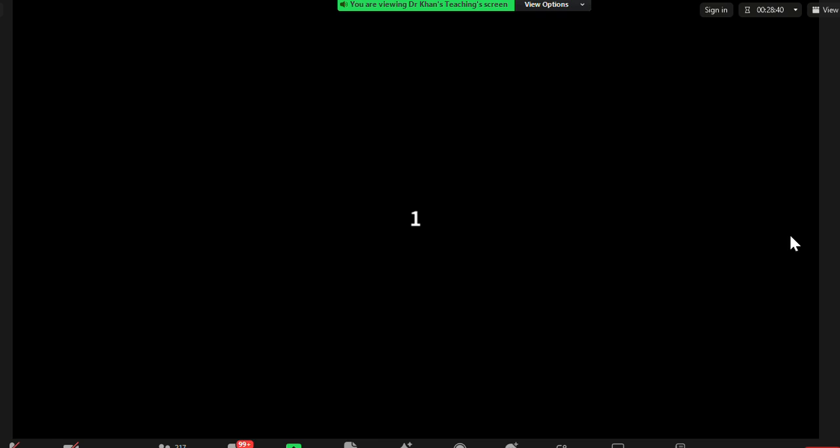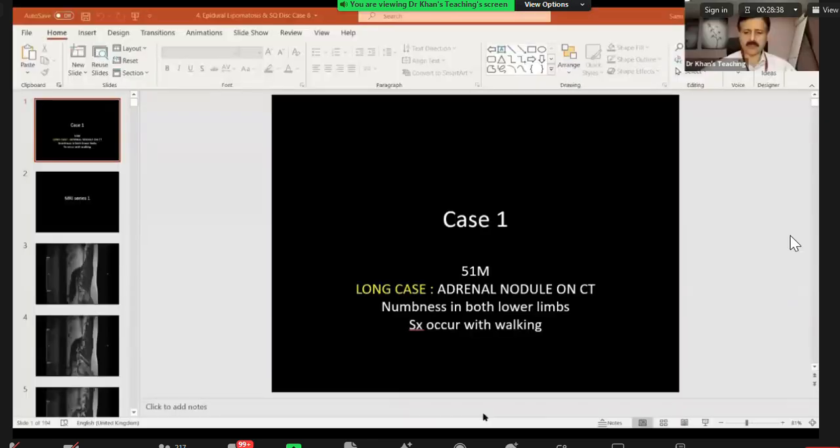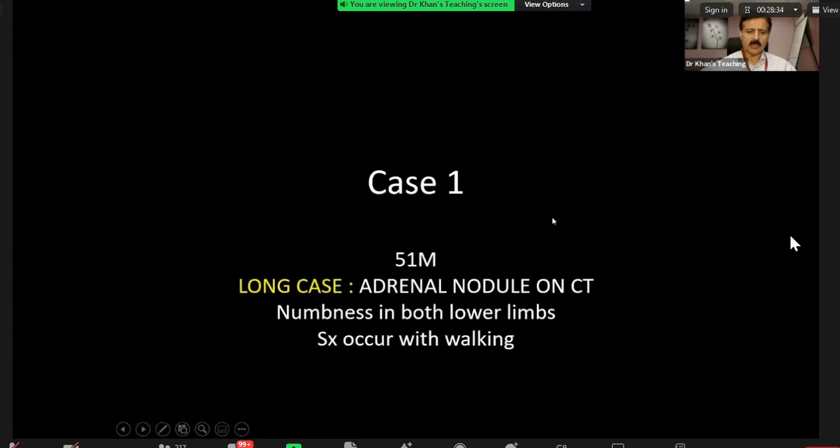Hello. Very interesting case. This is a long case for you. In the long case, there was an adrenal nodule, right?